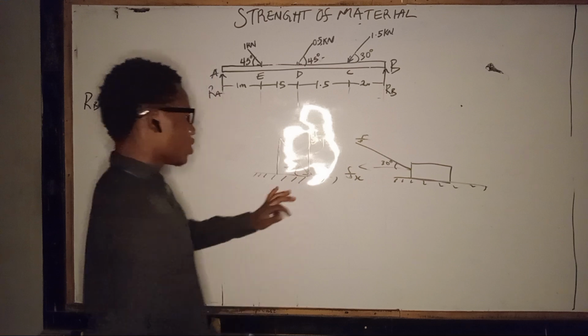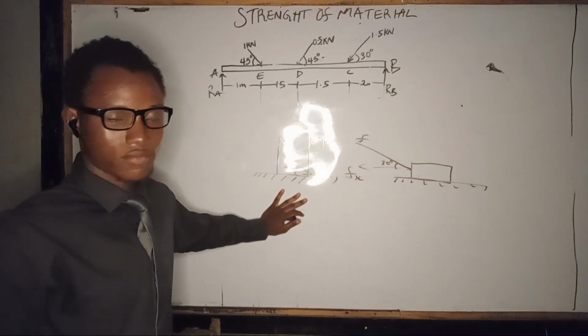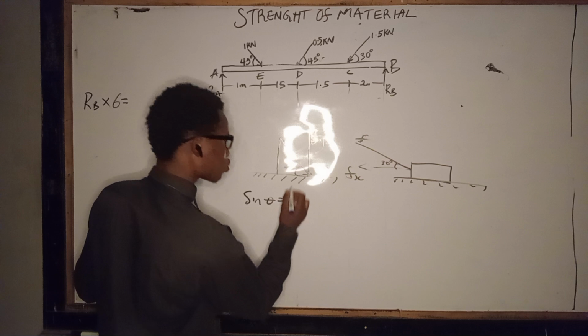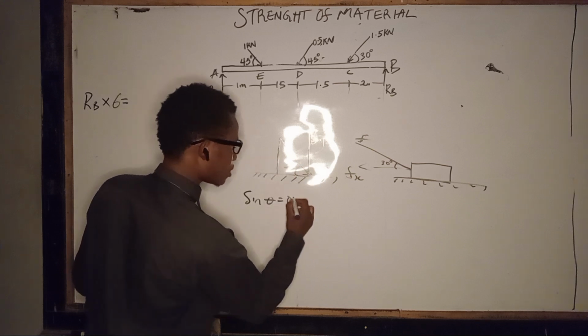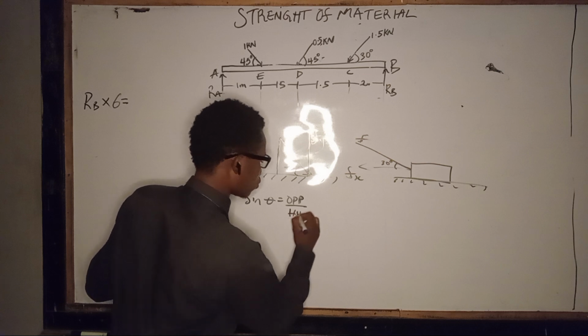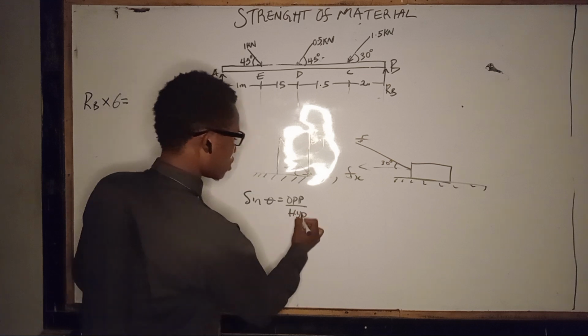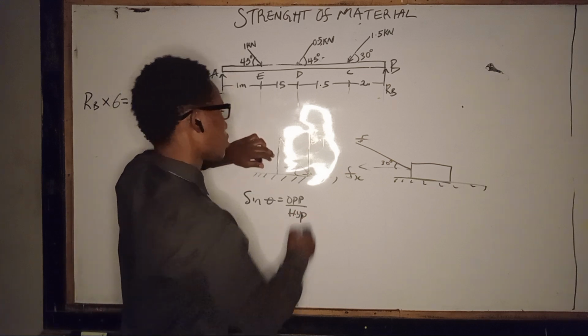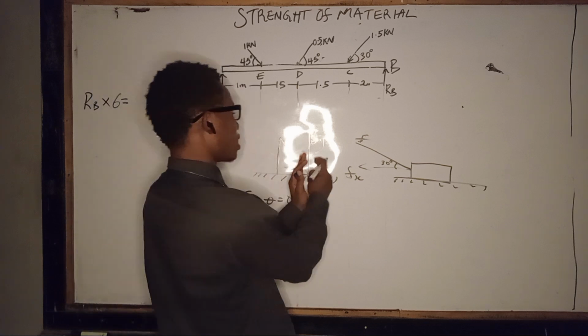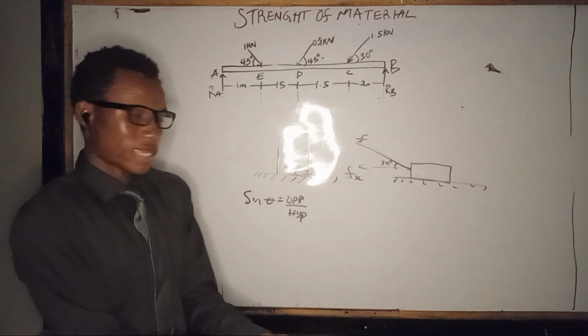Sine theta is equal to opposite over hypotenuse. Here we see this as our opposite, and this is our hypotenuse. But the force here is parallel to the force here, so it is the same thing.